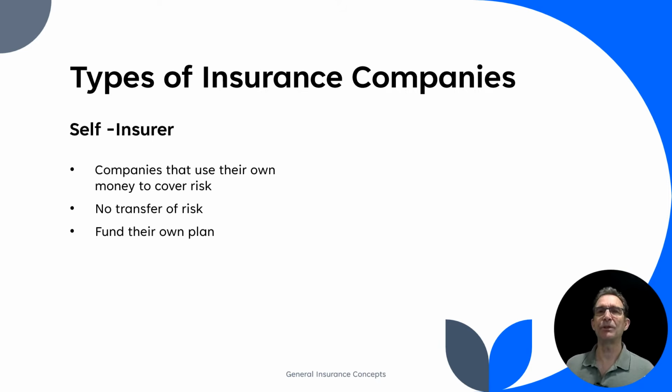Okay, the next type of insurance company we want to cover is a self-insurer. That simply means a company that uses their own money to cover their own risks. So, in a sense, they're not transferring any risk. That's what self insurance usually means. You're holding that risk yourself, you're retaining that risk yourself.